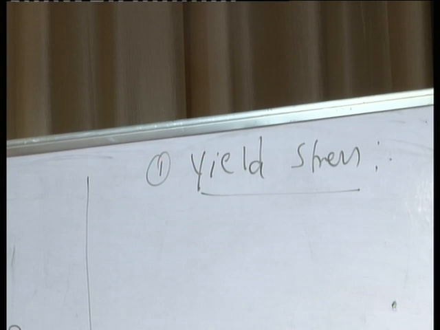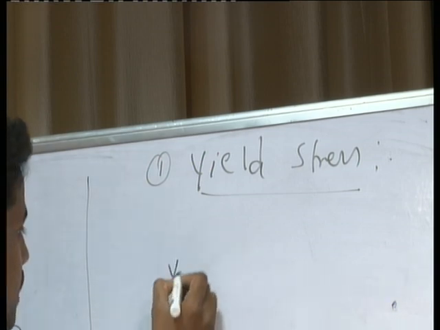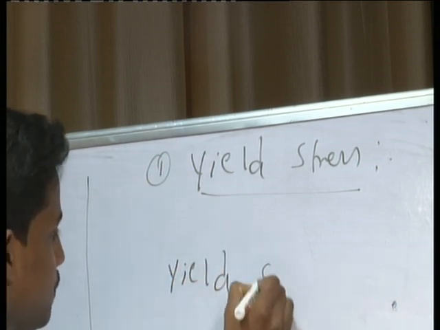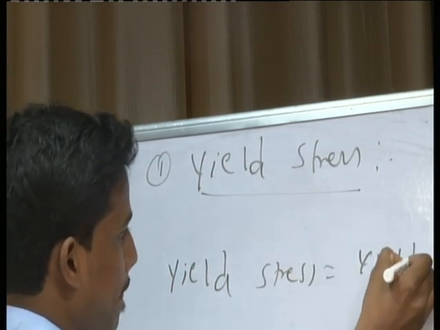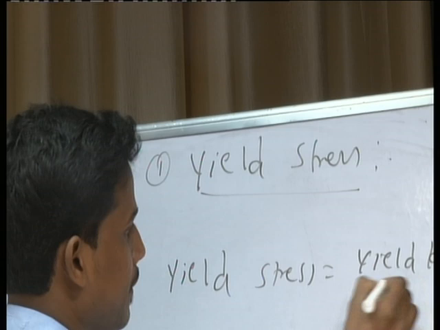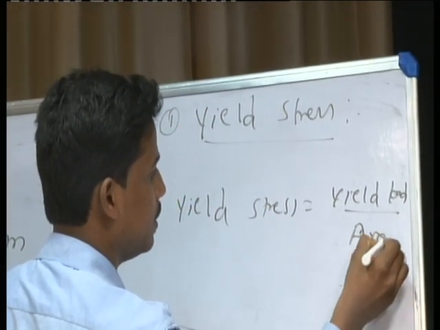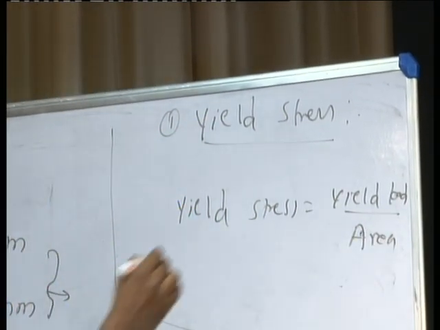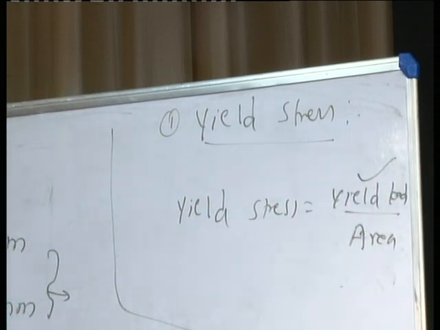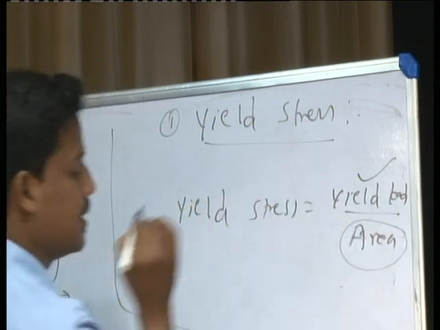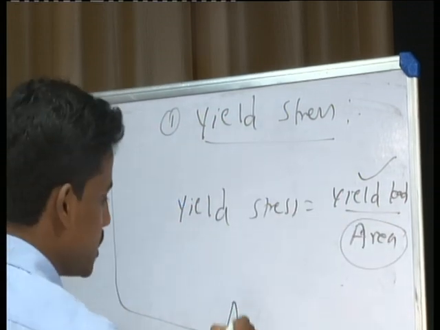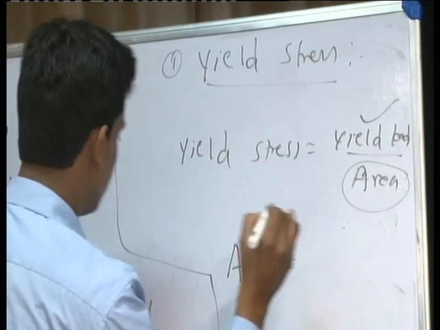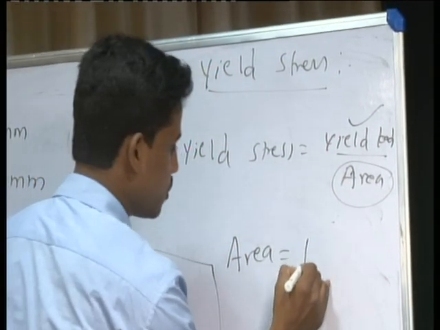Yield stress is equal to yield load divided by area. The yield load is already given, and we have to calculate the area. Area is equal to pi d square by 4.